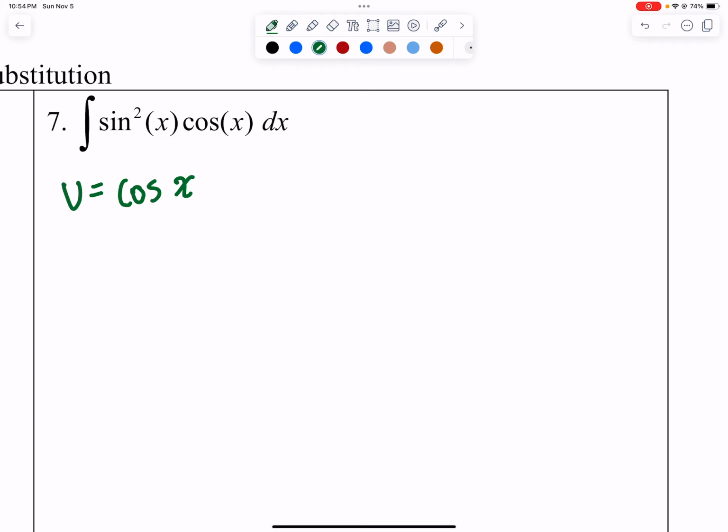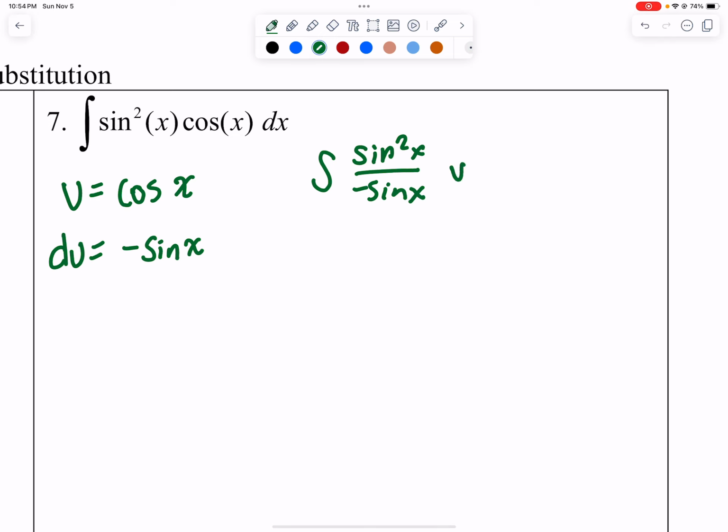If you treated u as cosine, then du would be negative sine, which means I'm going to have the integral of sine squared x over negative sine of x, u du, which means I have the integral of negative sine x u du.